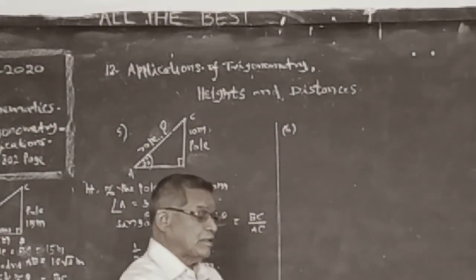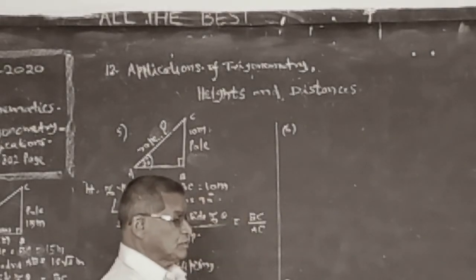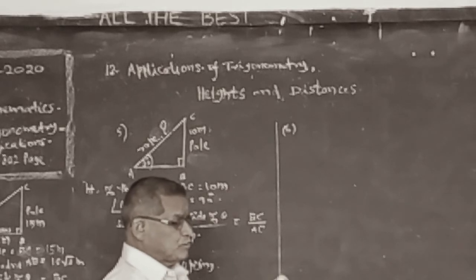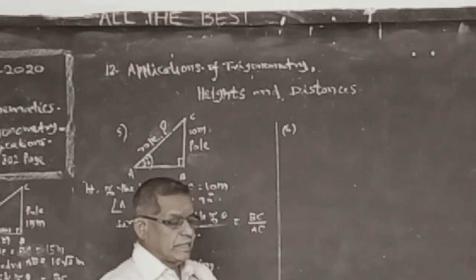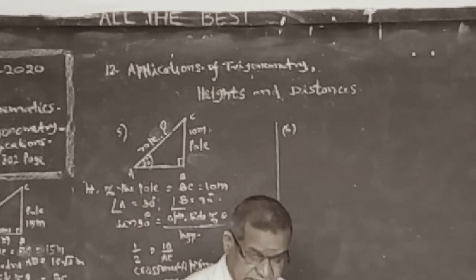In the sixth problem, angle of depression is given. Suppose you are shooting an arrow from the top of a building at a height of 6 meters to a target on the ground, and the angle of depression is 60 degrees.